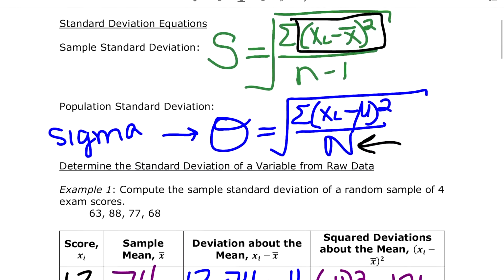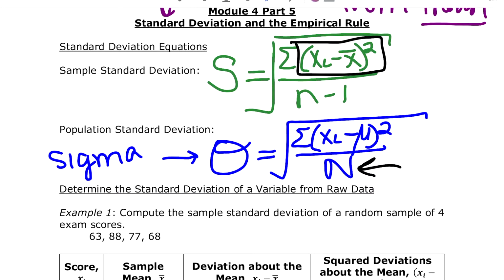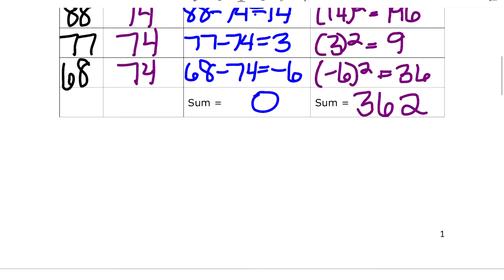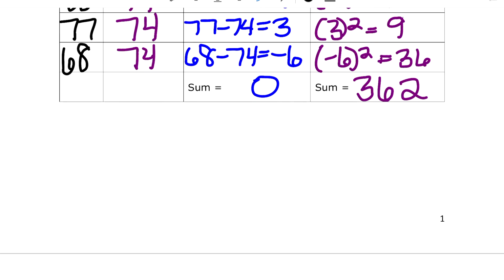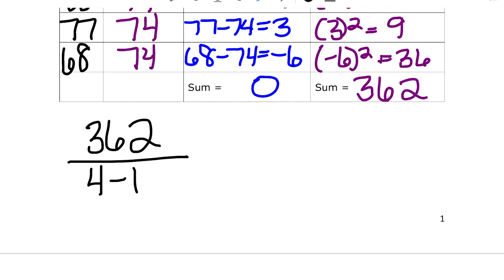All right, so now we've taken the sum of everything. So now we're up to this part. So the next thing I'm going to do is divide everything by n minus 1. So I have 362, and I'm going to divide that by my lowercase n, which remember is our sample size. So that was 4, but I need to subtract 1 from it.